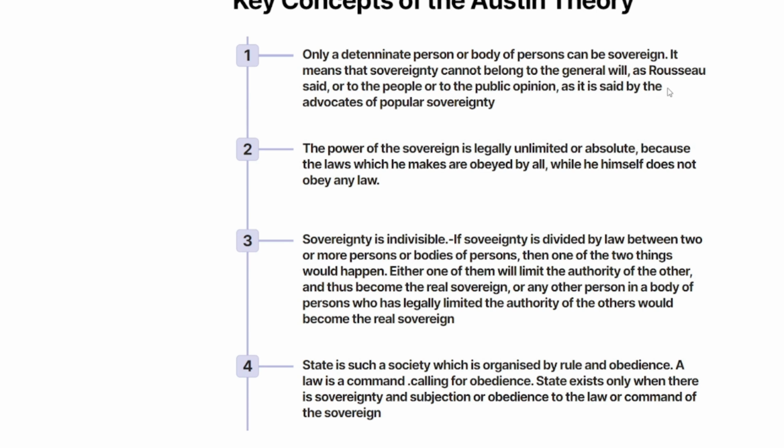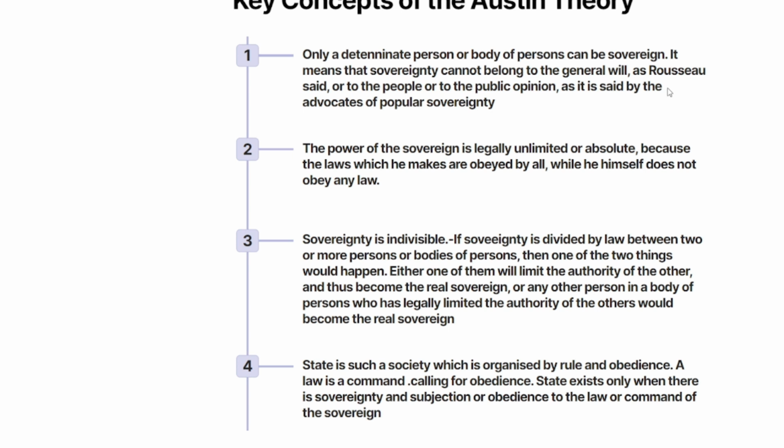The concept of general will is that if a thing is beneficial for the public but not in your favor, then you have to prefer the general will as a ruler. So this concept of sovereignty cannot be implemented. So a group of people or a single person can always be a sovereign.